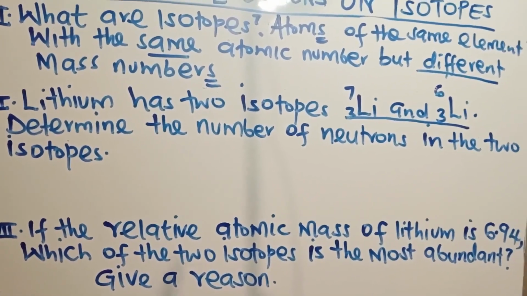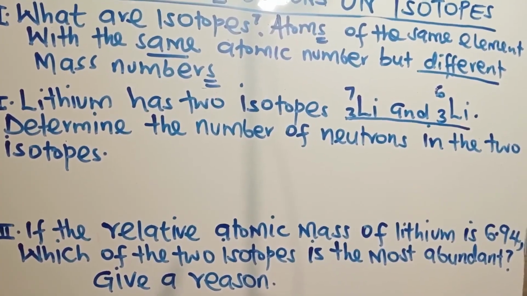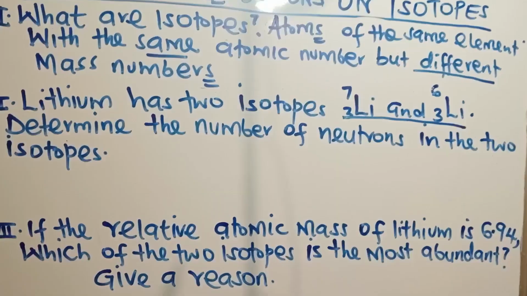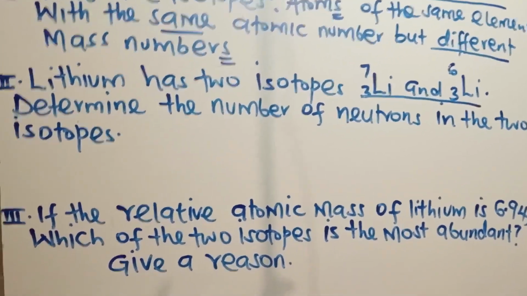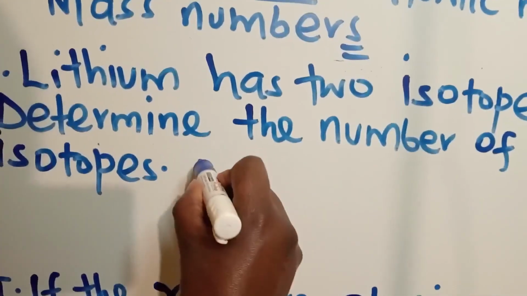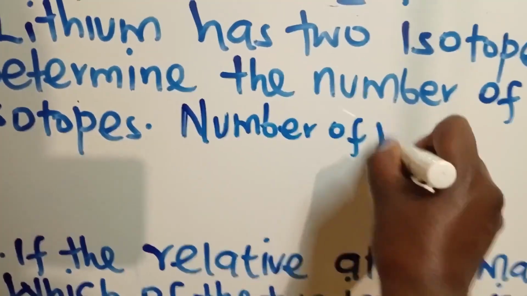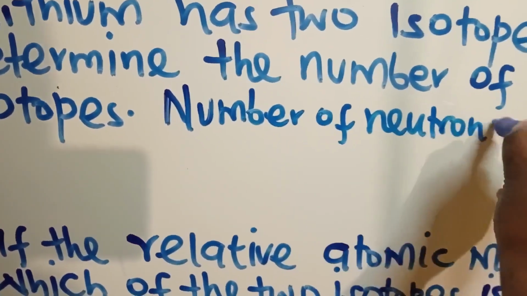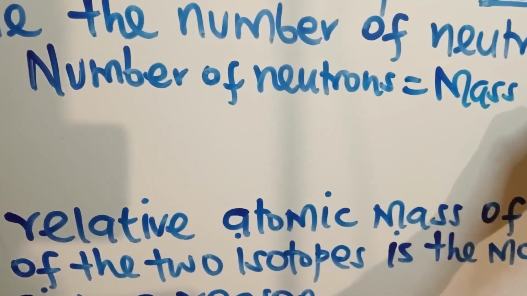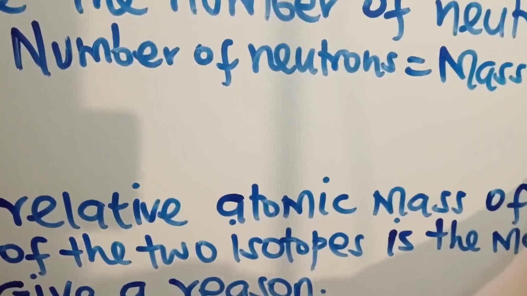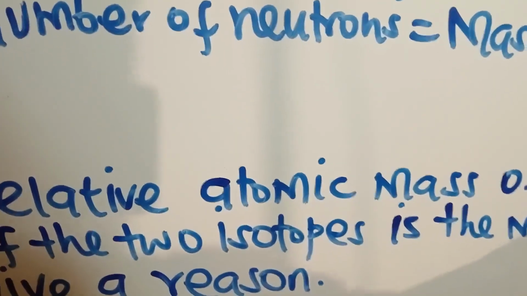There we must begin by writing the formula that we use when we are calculating the number of neutrons. So let us write together. We say that number of neutrons is equals to mass number minus atomic number.